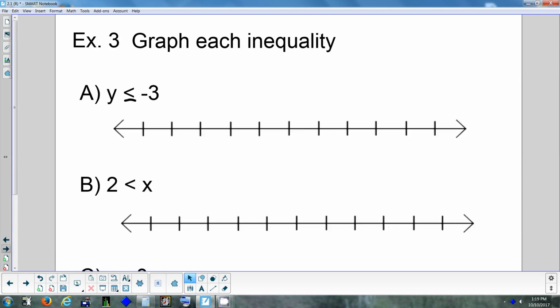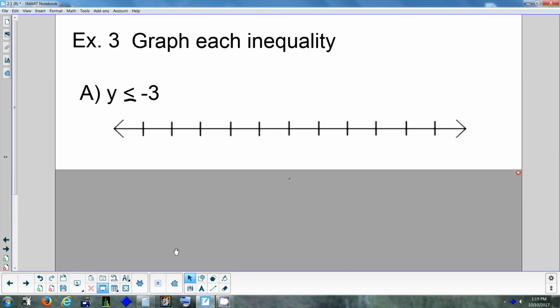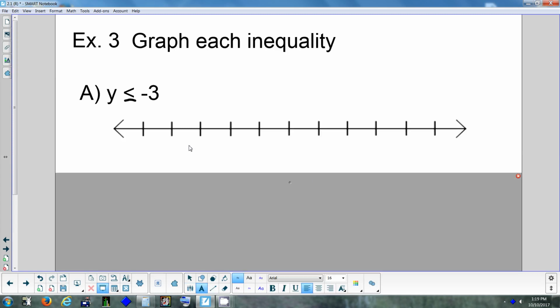All right, so graph each inequality. First thing we're going to ask ourselves, before we even go there, Z, what's the format? How should it be set up? What should be first? No. It's on your notes.